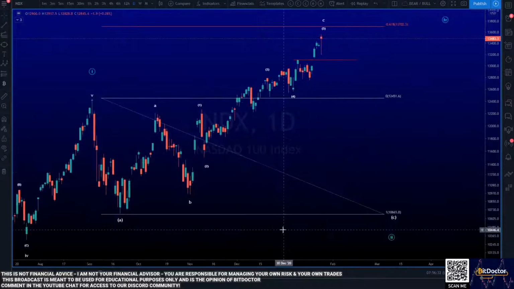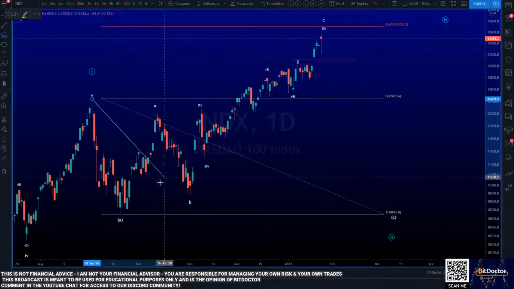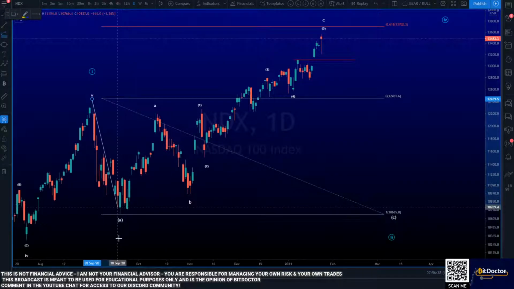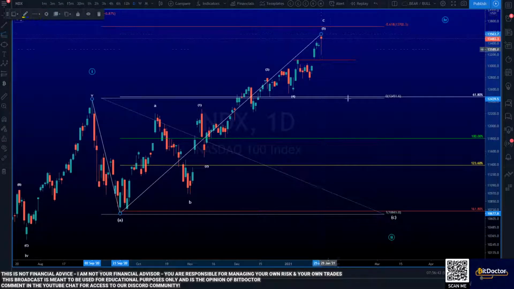So again, looking at this guy, if we're going to measure from up here all the way to down here, and let's just say in a perfect world we come all the way up here, we may come right back down to 12,475. That may be as far as it goes. I think it's probably going to come down to 11.8 or 11.4.